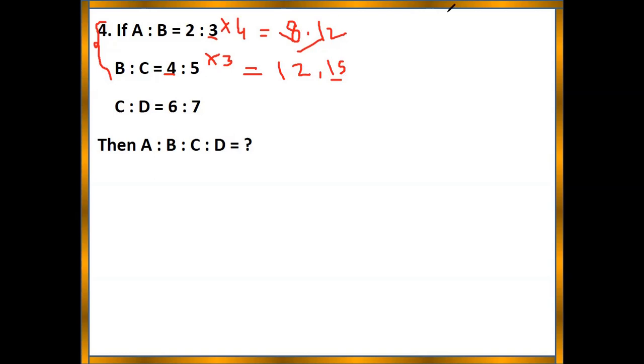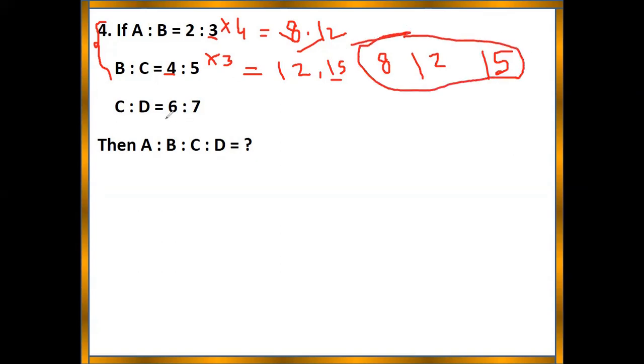Okay. So what is the A value? 8 is to 12 is to 15. Once we get A is to B is to C equal to 8 is to 12 is to 15, now the C value is a multiple of 6 and the C value is a multiple of 15.